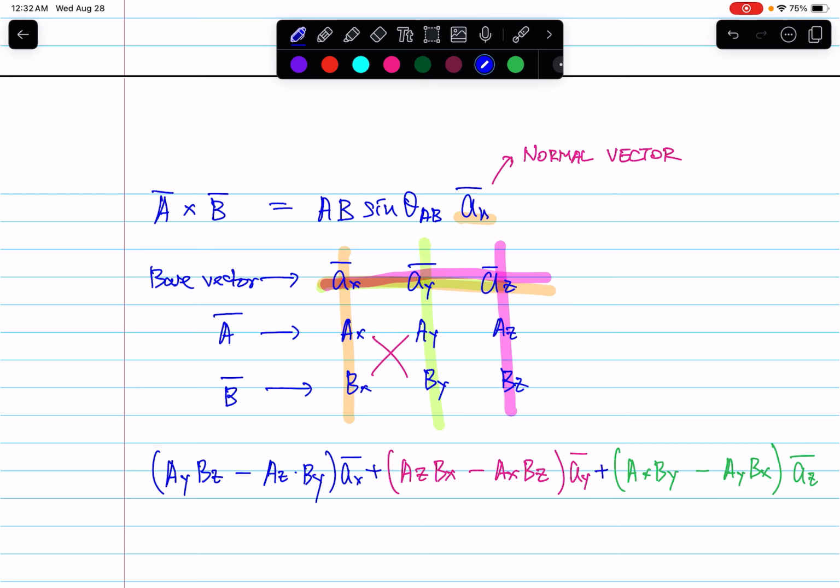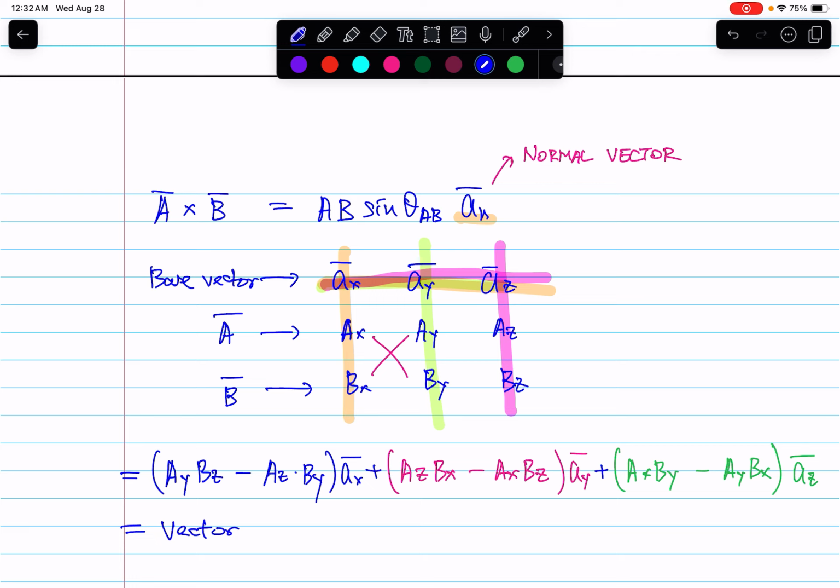So now you'll know that the cross product results in a vector. So this is a vector. The result is a vector.